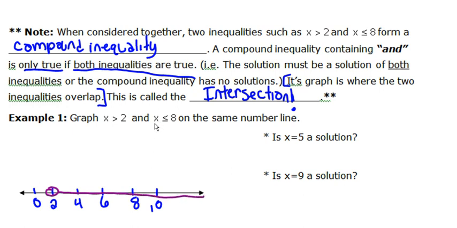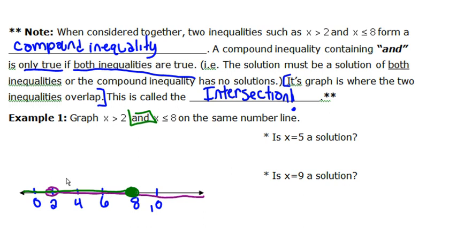Now here it says, and x is less than or equal to 8 on the same number line. So I would have a closed circle at 8 because it's less than or equal to, and less than means I'm going to the left. Now, and inequalities are true where both inequalities are true.